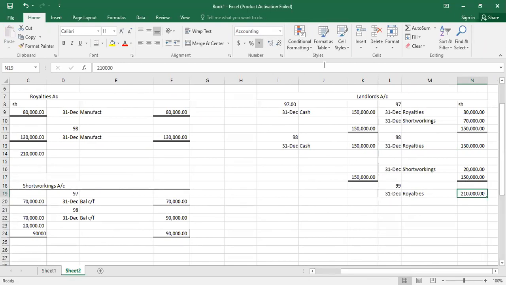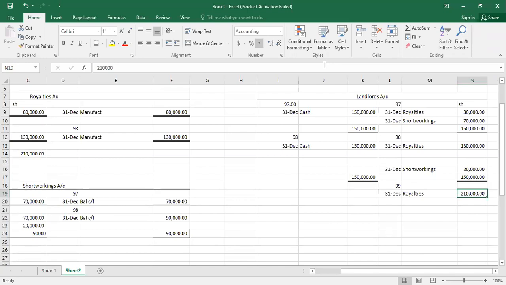Are we there? Yes. We'll close the same with the manufacturing account, but let's now come to this: did we experience a surplus or a short working? Surplus. It's a surplus. So what do we do? We reverse the entries to close the short workings account, isn't it?